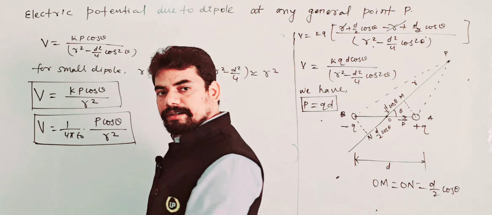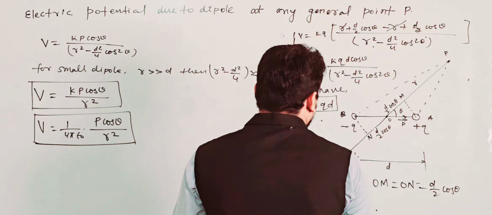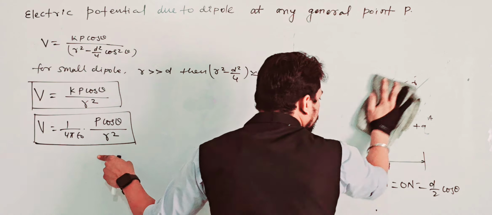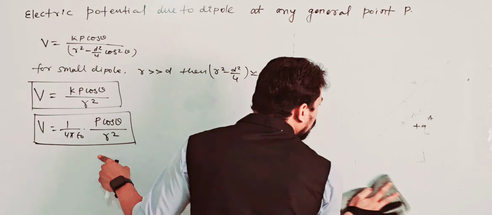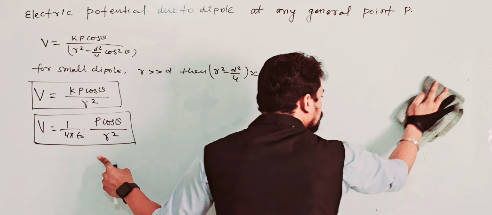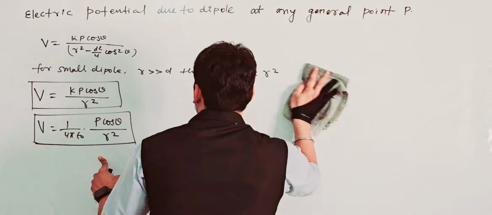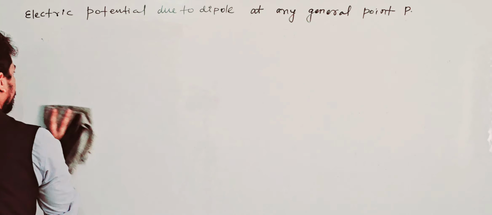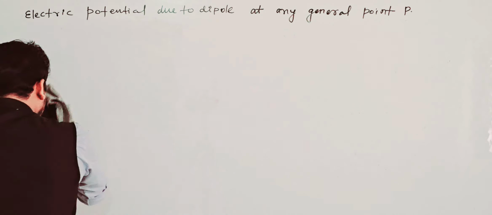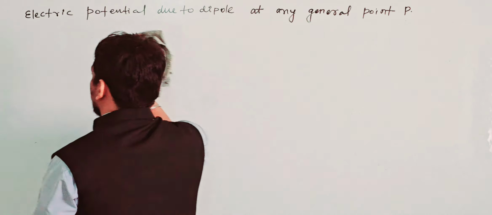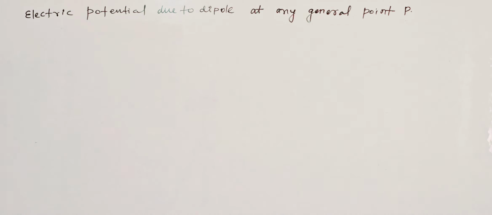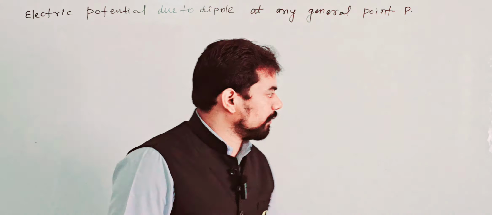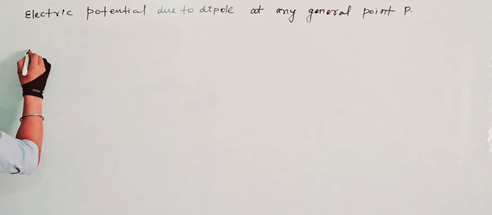General means all the points are included, so this general formula will be satisfied at all the special points also. At any point we can find the potential from this formula by taking the suitable r and theta.